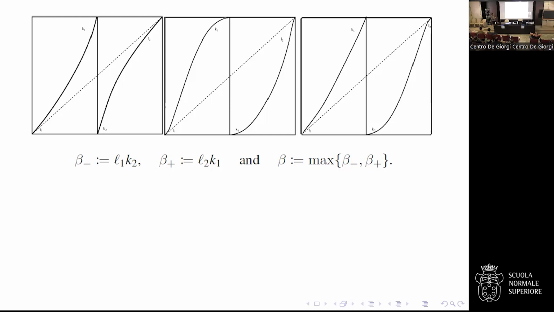If you take a point close here, you will come very close. Whereas if K2 is small, so that you have infinite derivative here, and you take a point very close and iterate it, then it will immediately move much further, so it will escape much more easily from that.